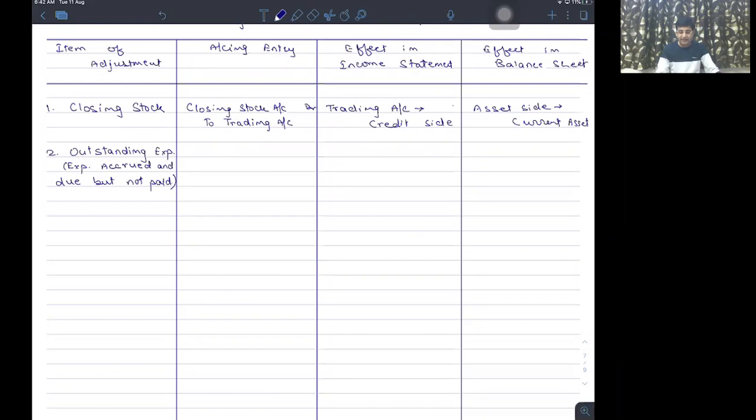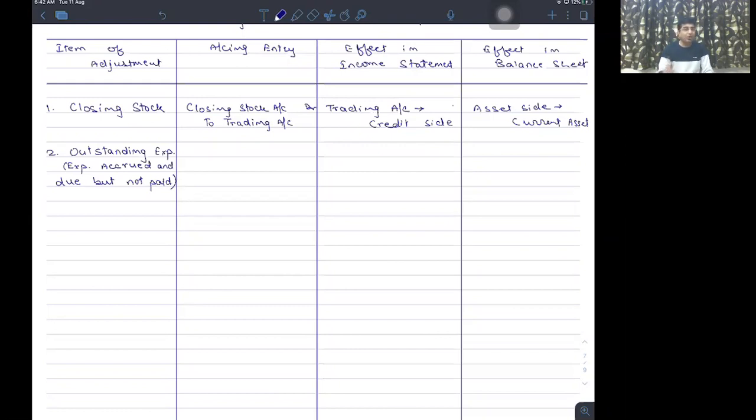The basic difference between accrual and matching is what? The accrual concept does not talk about the period to which it relates. Accrual कहता है जैसे जैसे आपका right to receive, obligation to pay arise होते रहता है, you should keep recognizing it. But matching principle is the extension of the accrual concept.